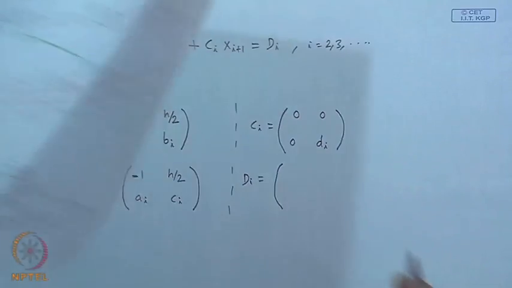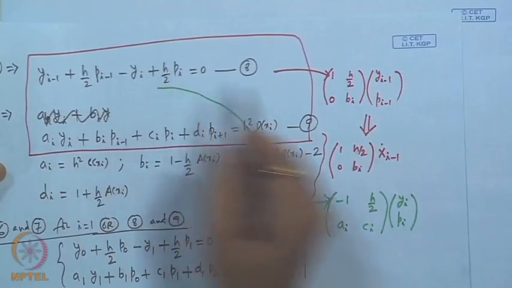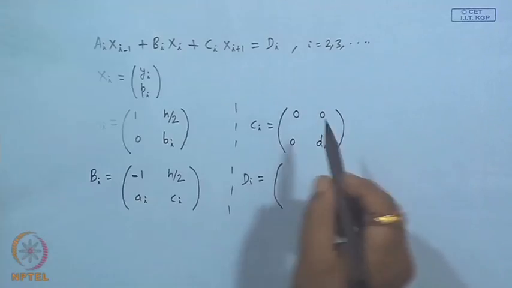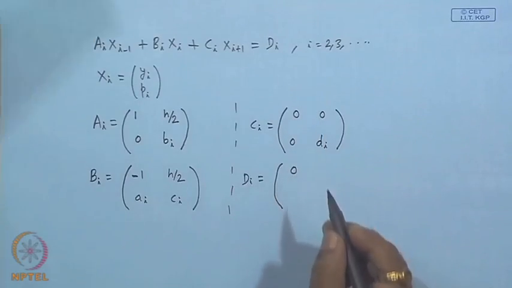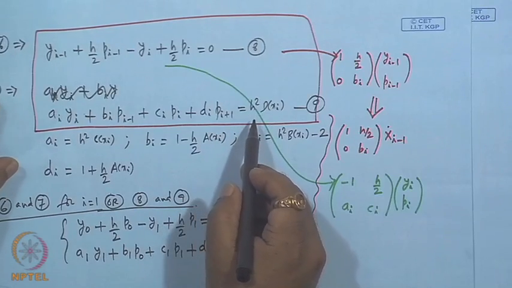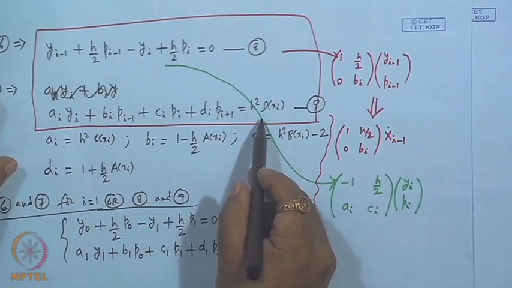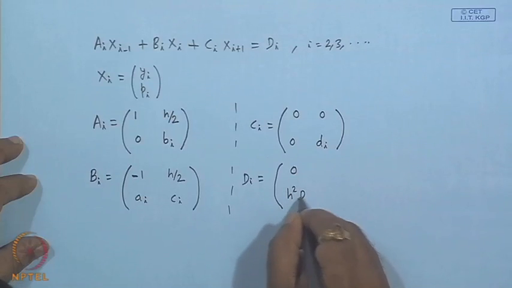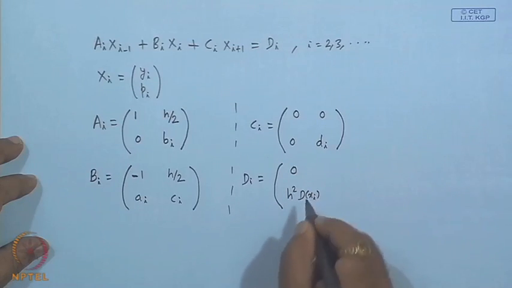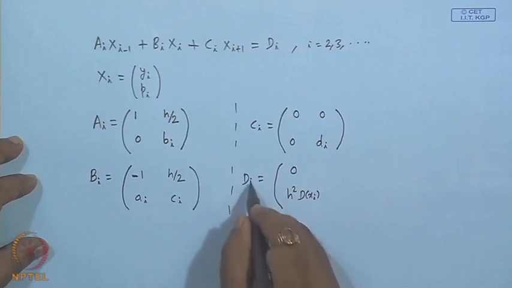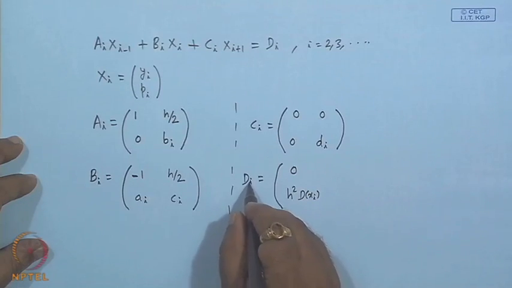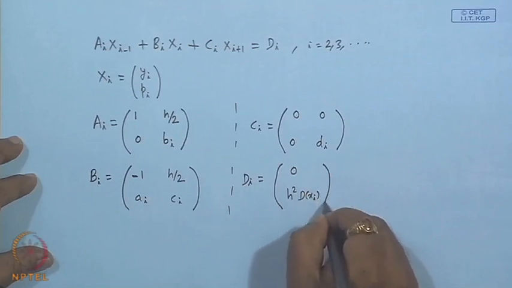We have exhausted all the terms here and then the third one, there is nothing on the right hand side, whereas here we have this term. Well, this d, notation wise, this is a matrix, this is the known function.